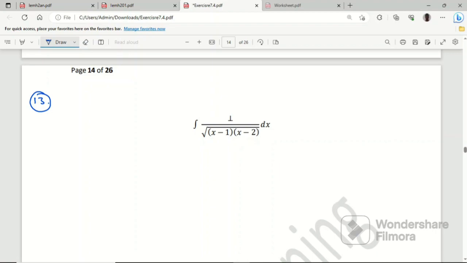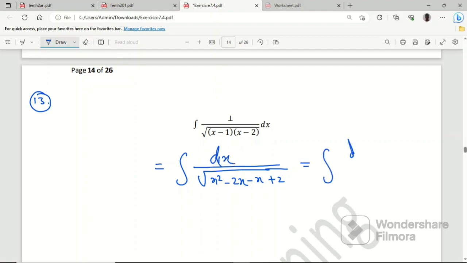It will give me 1 upon under root x square minus 2x, okay, x into minus 2, minus 1 into x, it will give me minus x, plus 2 dx. So it is going to give me dx upon under root x square minus 3x plus 2.